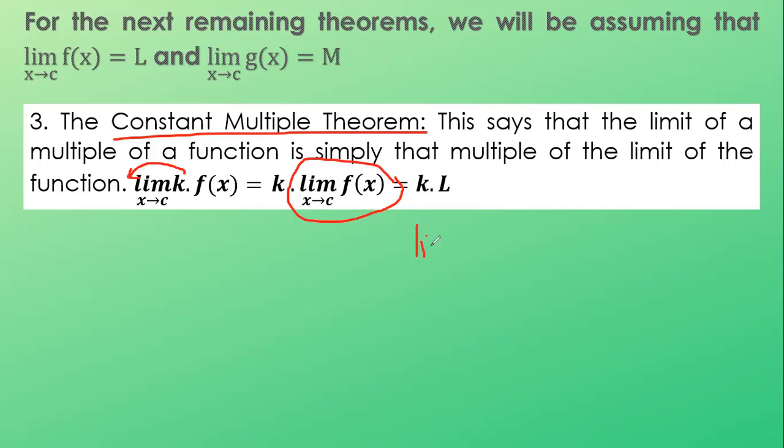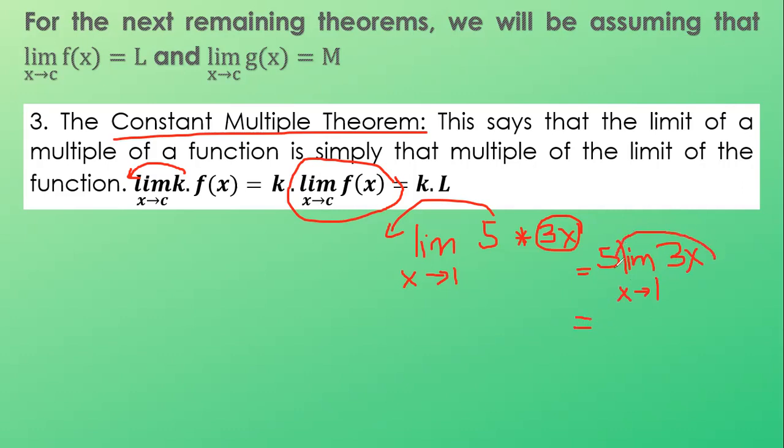So for example, we have limit of 5 multiply to the 3x. So ito yung ating g of x, no? As x approaches 1. So pwede kong ilabas si 5. So magiging 5 limit of 3x na lang as x approaches 1. Okay?